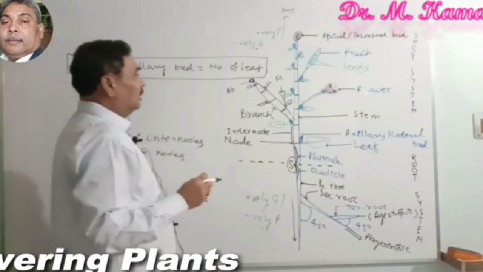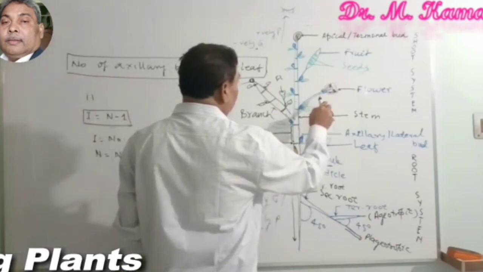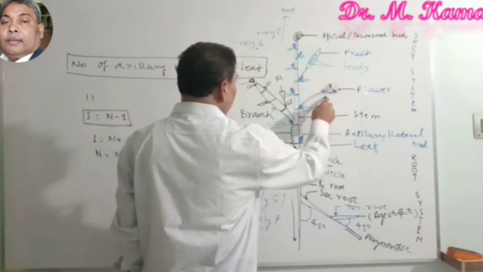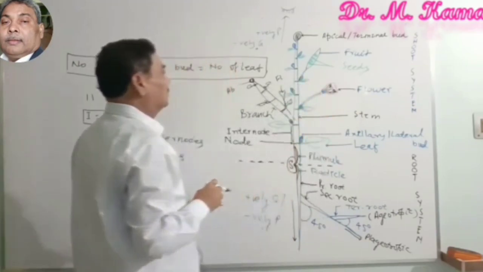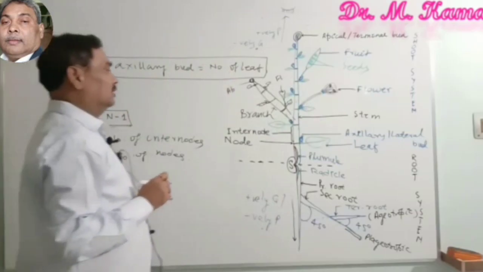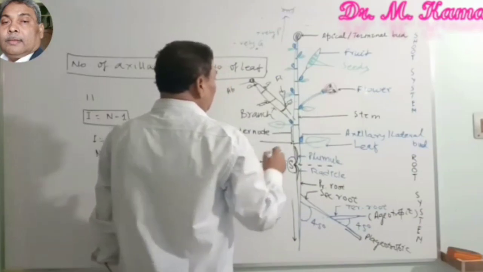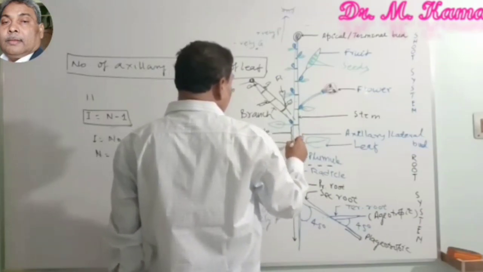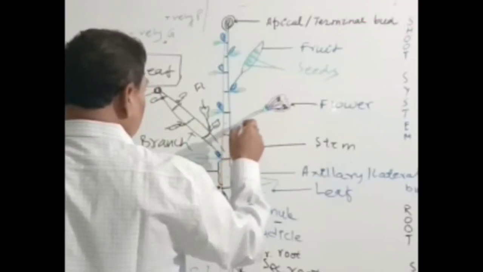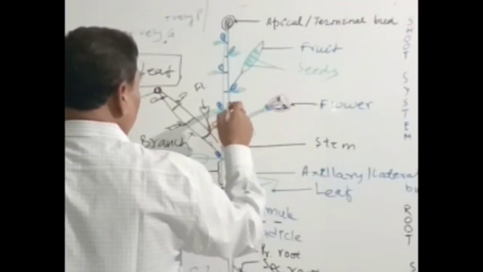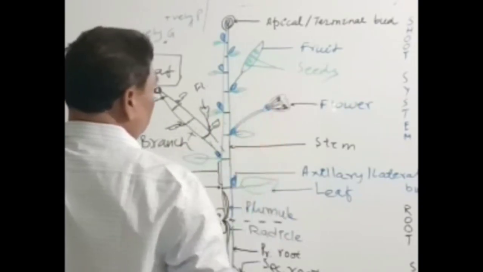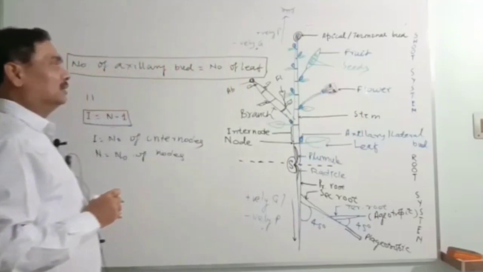After two embryological events, pollination and fertilization, flower is changed into a fruit, and fruit sets seeds. All the above plant parts like a stem, branch, flower, leaf, fruit, etc. all form a shoot system, the above ground system.